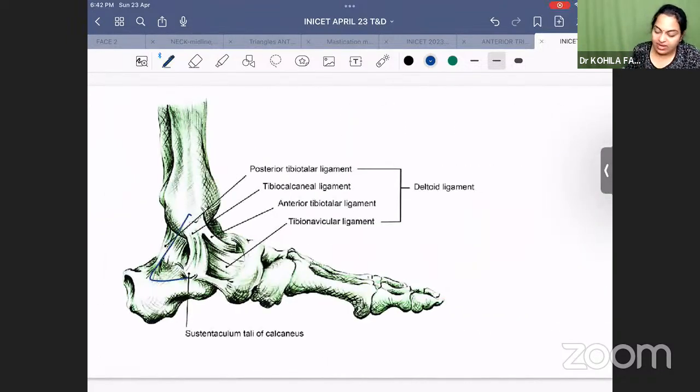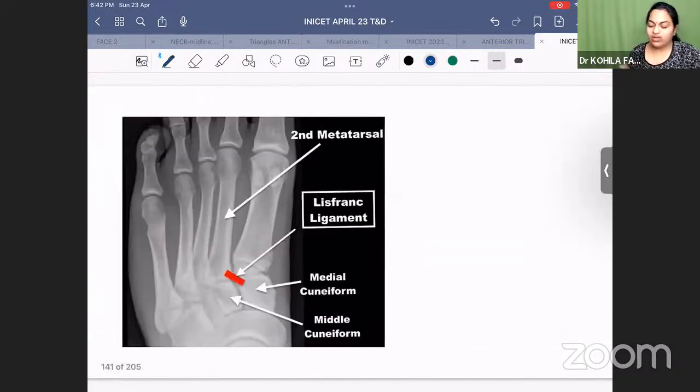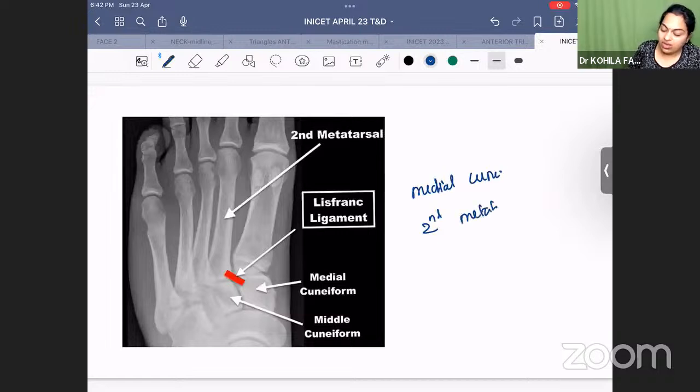And this is the deltoid ligament on the medial aspect of the ankle. Now, what is this Lisfranc ligament? Did you go through the recent question papers? It is the one which connects the medial cuneiform to the base of the second metatarsal. This is the Lisfranc ligament, and injury to it is called a Lisfranc fracture.